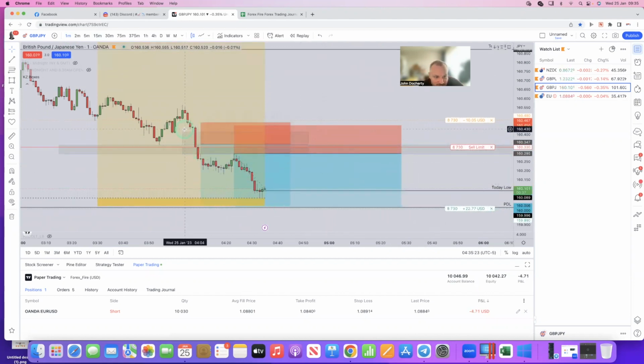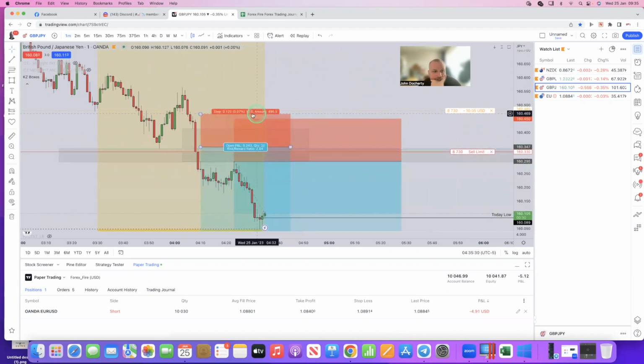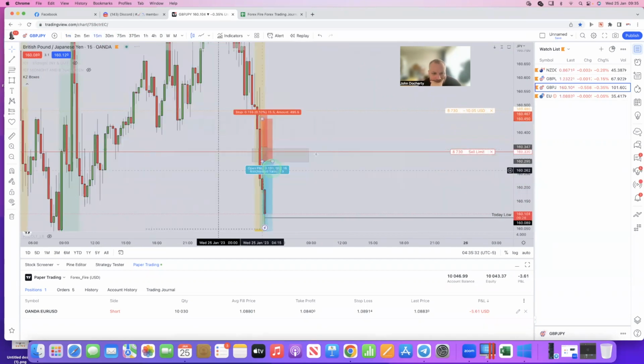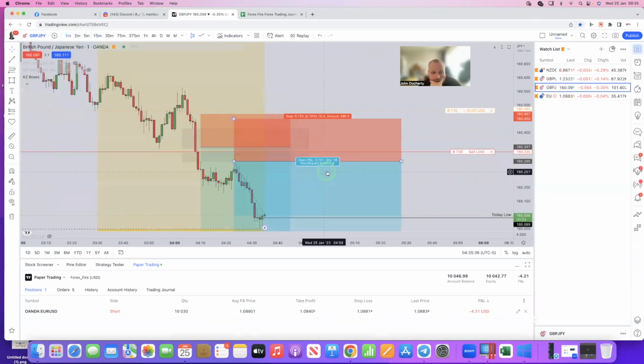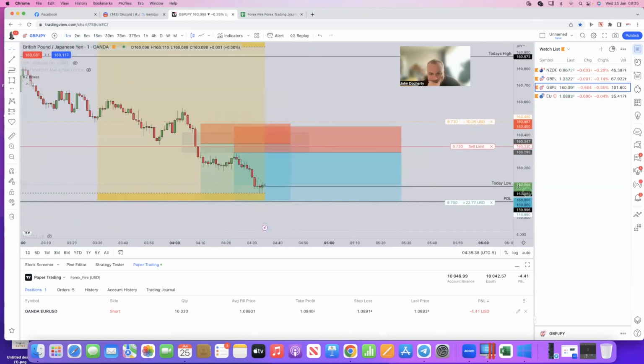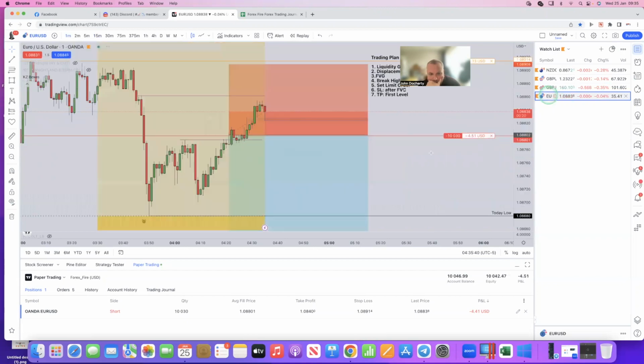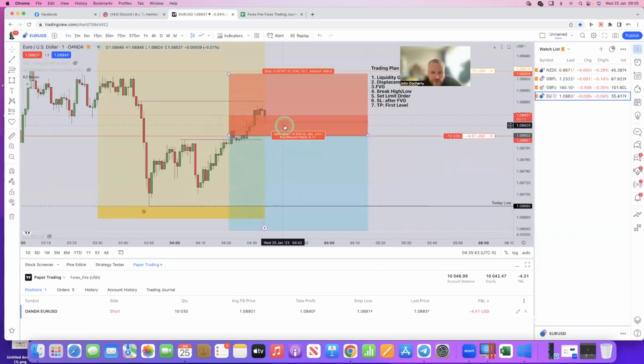So that 15 minutes combined into that, which is annoying because we could have gotten a good entry. Go back up to the 15. Get rid of that. Come back down to 1. There's the touch into this fair value gap.